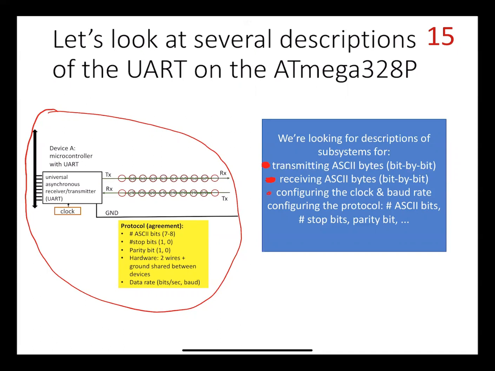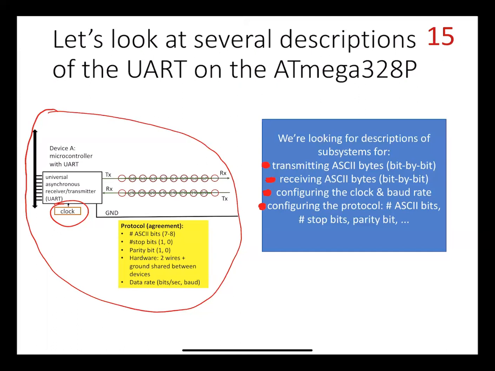How do we configure the clock on here? There's this clock that's shown here, and how do we configure it for different baud rates? Maybe we want to use 1200 baud, that's 1200 bits per second. Maybe we want to use 115,000 bits per second. Well, whatever it is, how does that get configured? And then how do we configure the protocol? So that's the number of ASCII bits, number of stop bits, and the parity bit, etc.